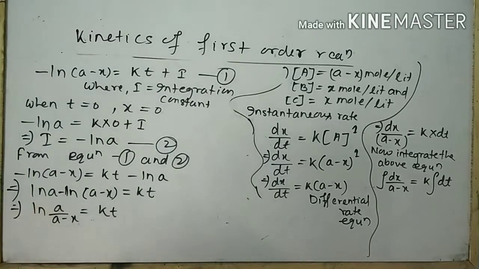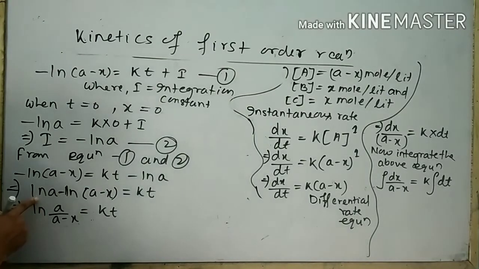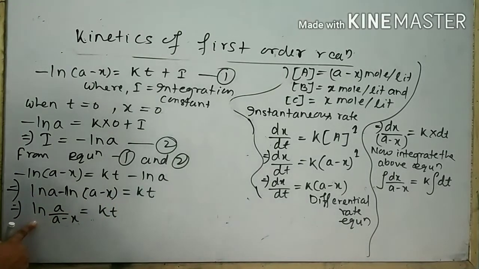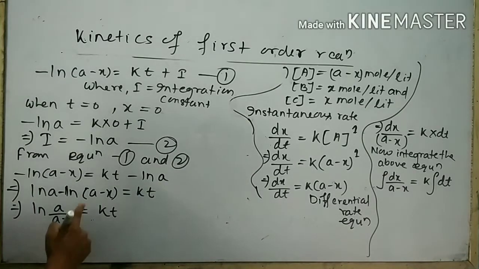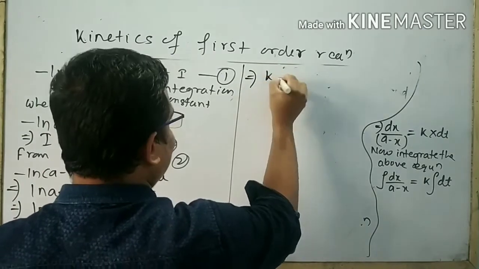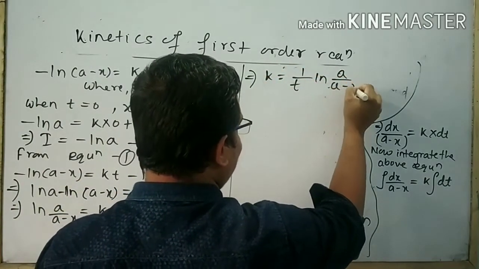We know that ln x minus ln y equals ln x by y. So we can write ln a minus ln (a minus x) is equal to ln a by (a minus x). Now I can write k is equal to 1 by t ln a by (a minus x).